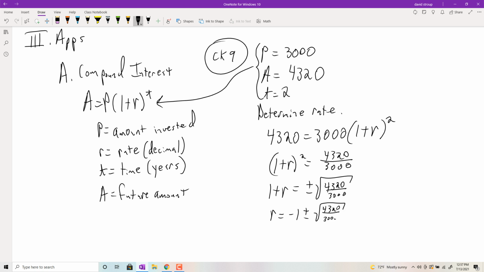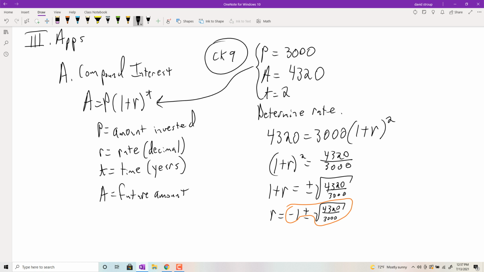And there are 2 answers here, but one of them you could tell is negative, and you don't want that. If you have a negative plus another negative number, it's a negative answer. So we want the positive portion, the -1 plus the square root of 4320 over 3,000.